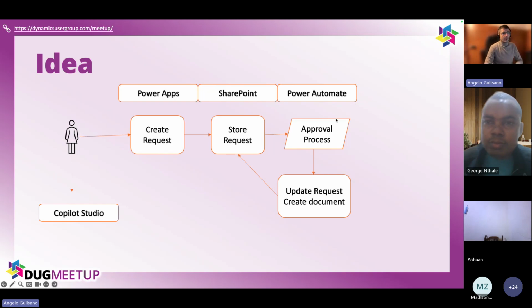This fire approval process for approver, and if the approver user approve the request, our flow going to create a document and upload the document in a SharePoint document library, and then the user can ask to Copilot Studio some information about his request. This is the macro idea.